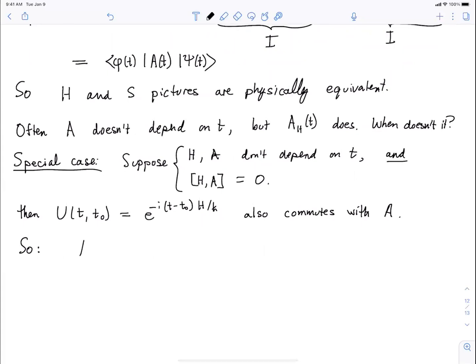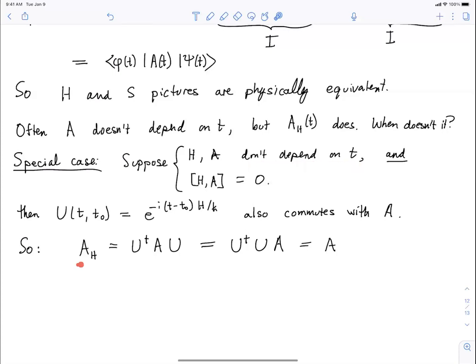Then when I write down my Heisenberg operator A, which is defined like this, notice that I'm often going to just leave off the T and T0 arguments when they don't make any difference. They commute, so I can write this as U dagger U times A. I just commuted the U past the A. And then U dagger U is the identity, so that's equal to A. And so the Heisenberg operator is equal to the Schrodinger picture operator, which we are assuming here doesn't depend on time.